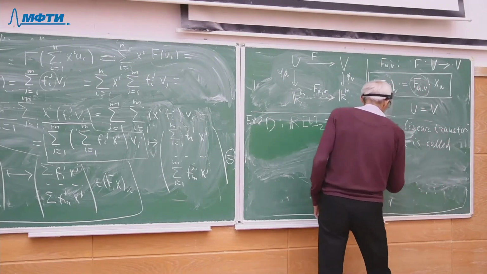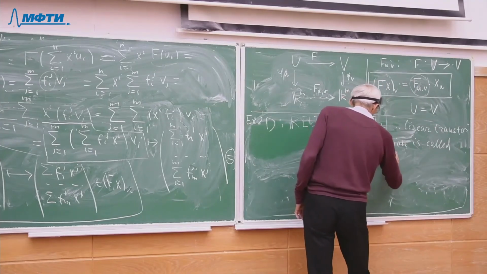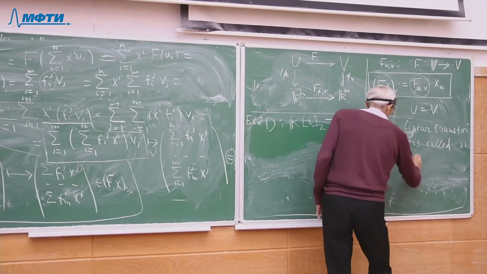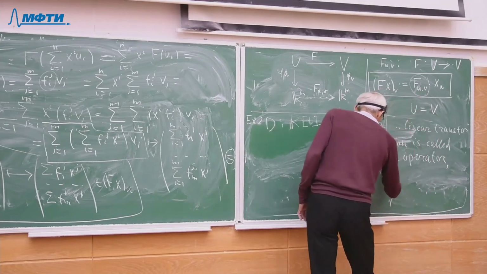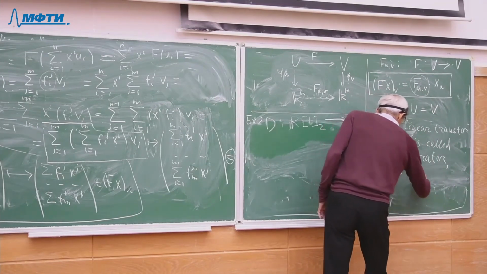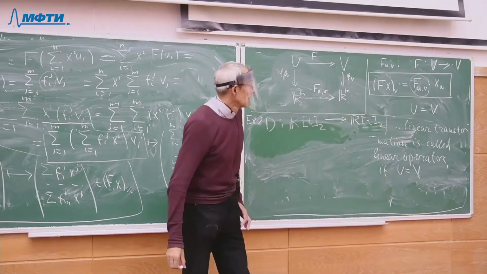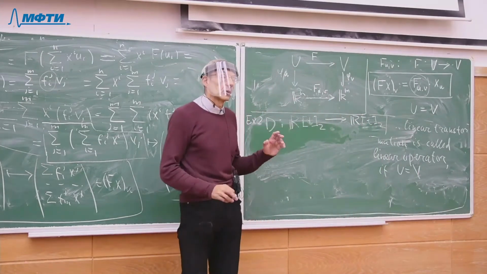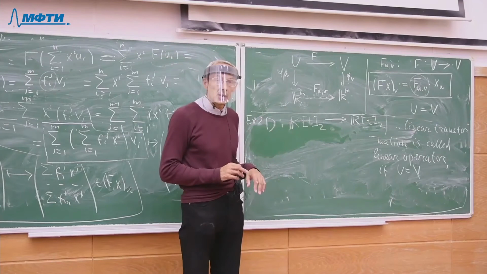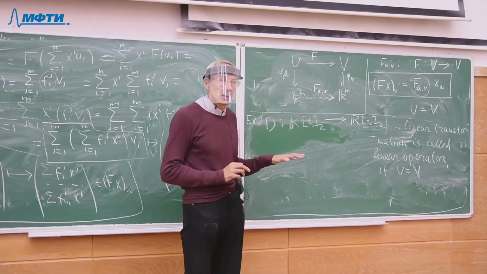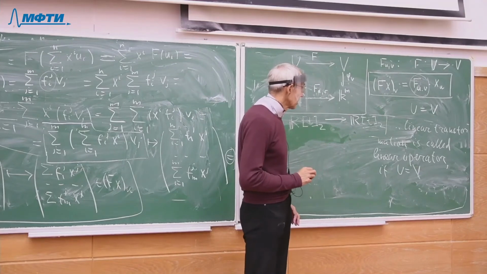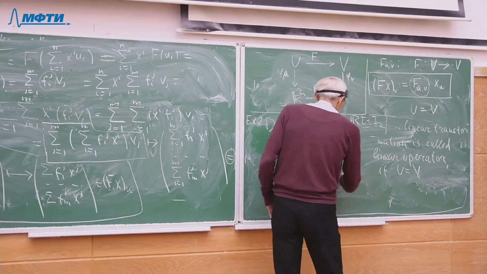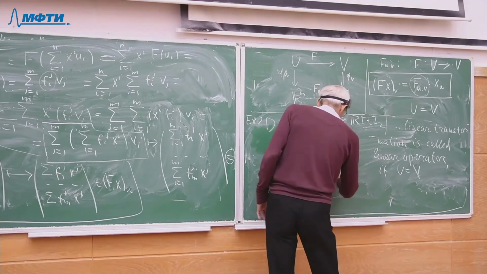It's called a linear operator if U is equal to V. If domain and codomain coincide, the linear transformation is called a linear operator, and its matrix is called the matrix of the linear operator.